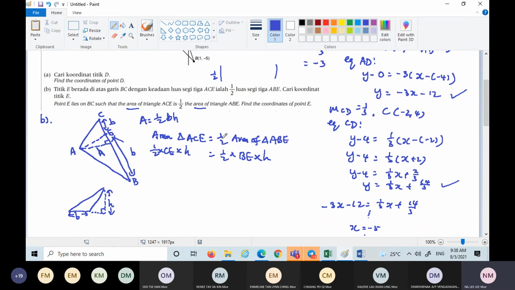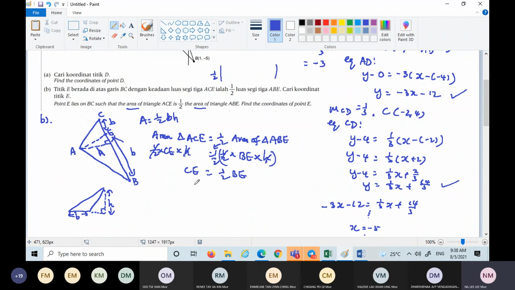Sorry, I missed out this half, so there should be another half here. This is the formula for the area of a triangle, half times base times height, and this half is from here. It's the one given, so you can cut, because all are multiplied. Next you will have CE is equal to half BE.